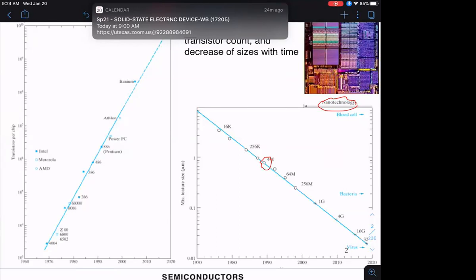Also, at some point, when I met face-to-face, I would show students a cool video called Silicon Run. Now, because we are not meeting face-to-face, I'll give you a URL link on YouTube where you can look at this video. It's a cool video which shows how these chips are made, okay?